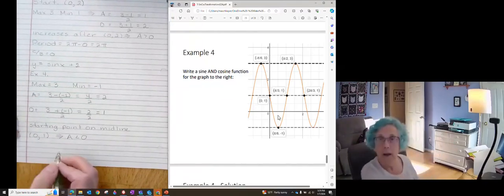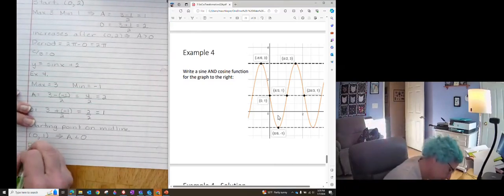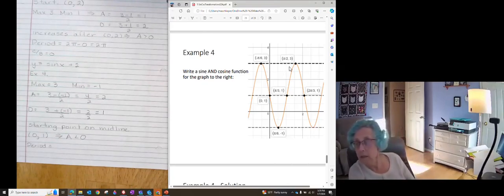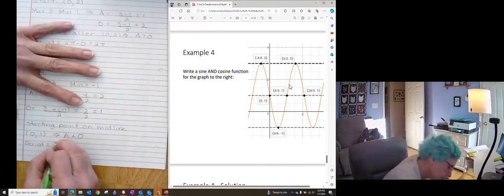Now let's figure out my period. Period is going to be the same for both sine and cosine. So we'll look at the x-coordinates of these two maxes here. I have a max at pi over 2 and negative pi over 6.